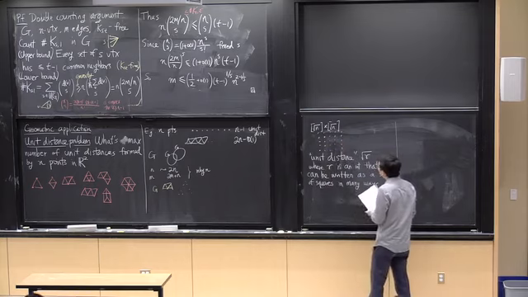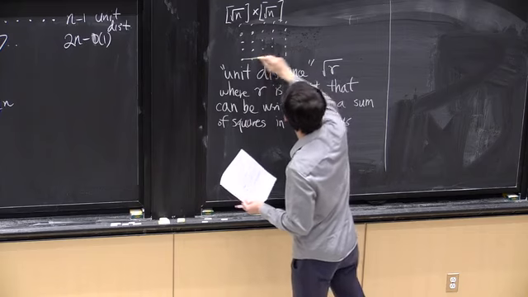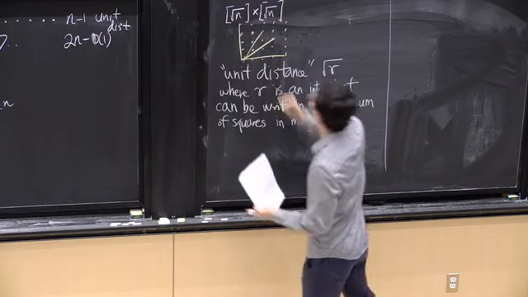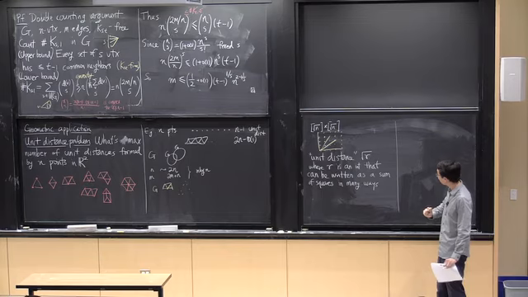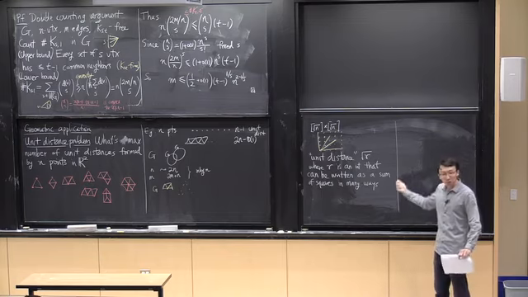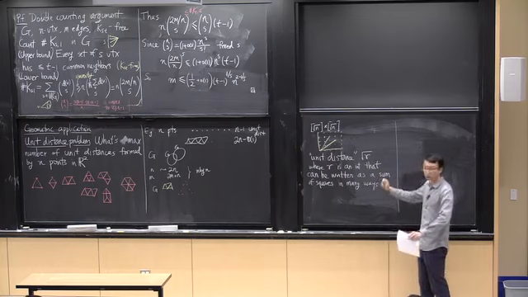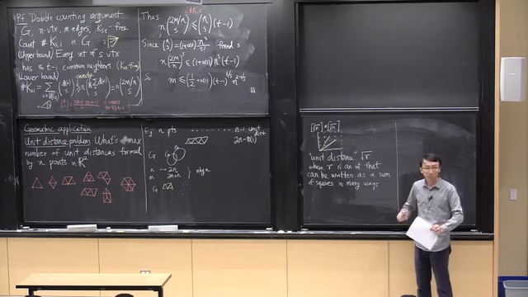So for example, we can take some r so that it has many appearances. And if you know some elementary number theory, then you might know that the best way to do this is to take r to be a product of primes that are 1 mod 4.